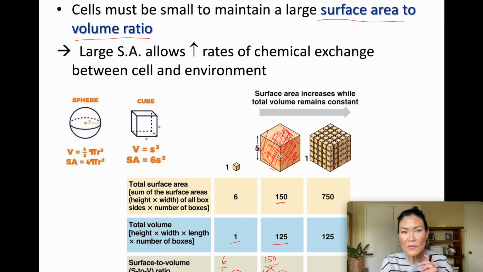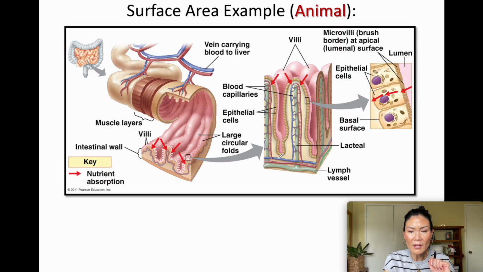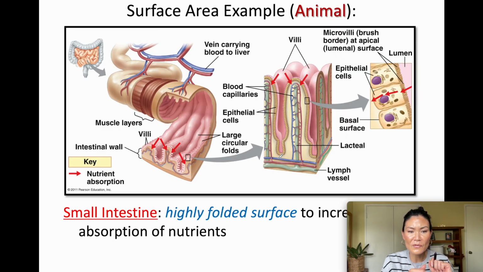Okay, so let's go over some really unique and amazing examples of how our body and how organisms increase surface area to make absorption of nutrients and getting rid of waste much more efficient. A good example of increasing surface area would be your small intestines.